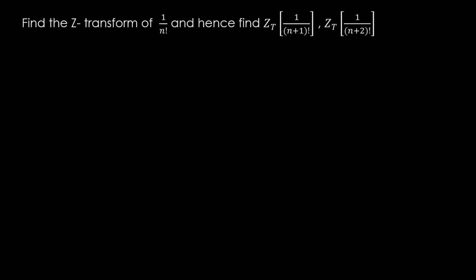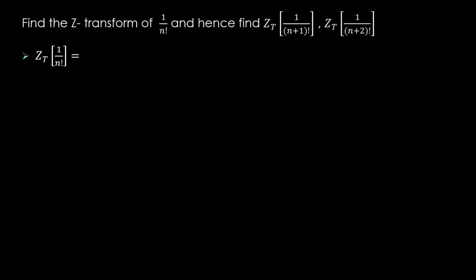Here is one problem on shifting rule. Find the z transform of 1 by n factorial and hence find z transform of 1 by (n plus 1) factorial and z transform of 1 by (n plus 2) factorial. We will first see z transform of 1 by n factorial.